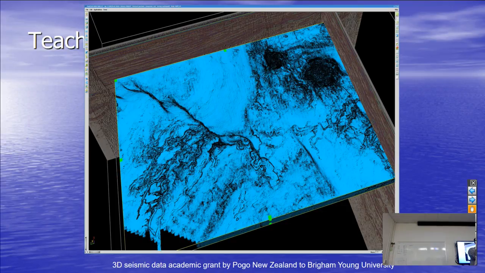Then you'd put on the next piece of Mylar that would say 1,050 milliseconds, and you would trace what you saw there. And you would make a map by hand, using a light table and sheets of that. That's how the first 3D interpretation was actually done. It was originally done on time slices and not on vertical sections. Interesting approach to it. I'm old enough to have played with that kind of stuff.